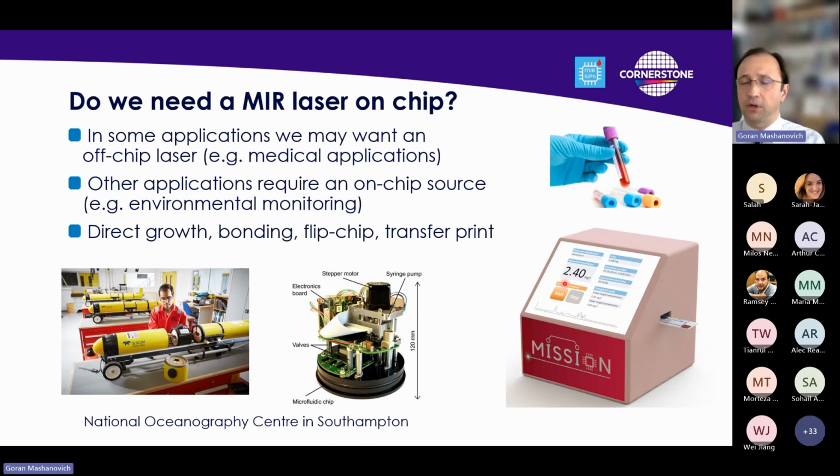So in medicine, the cost of this device can be large. But in some other cases, like in gas sensing in these robots here, we need something really small that can be integrated with electronics and motors and pumps and so on, with low power consumption. And in this case, we probably need a laser on a chip.